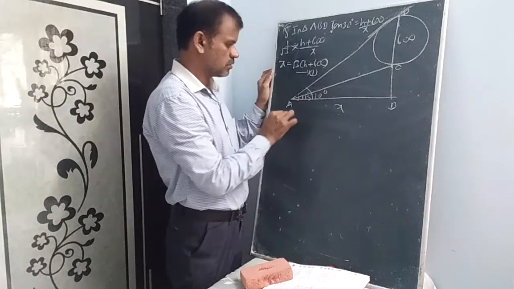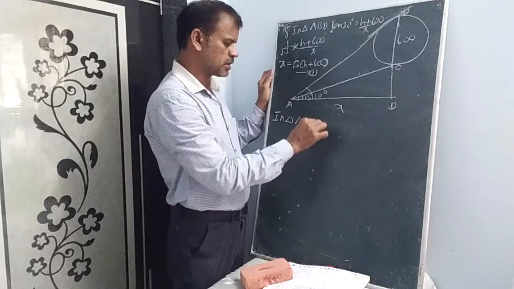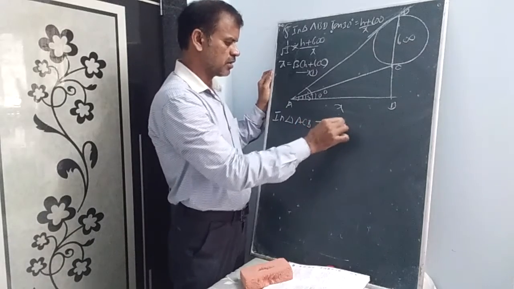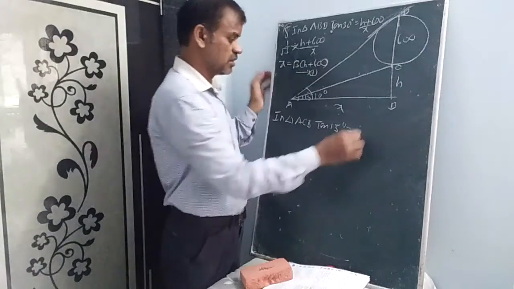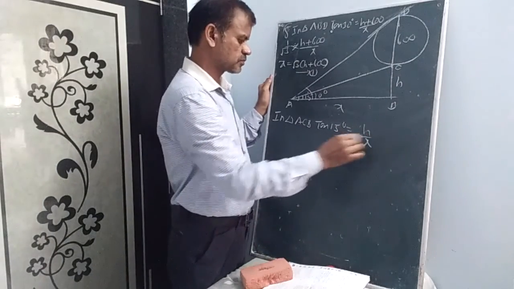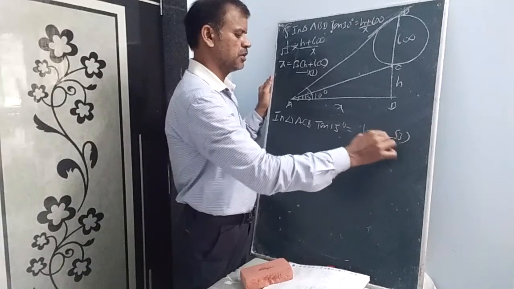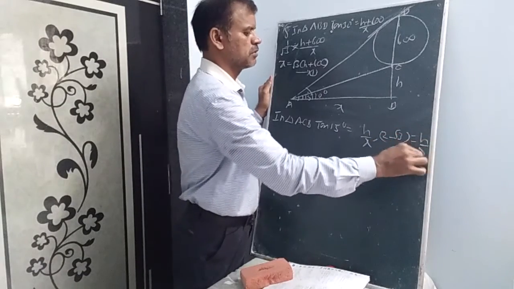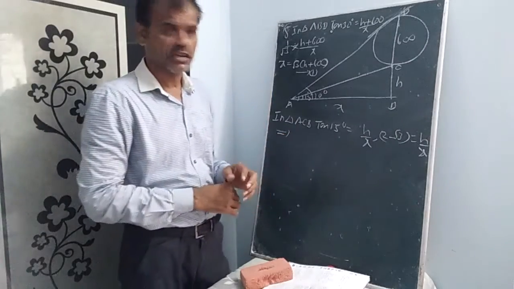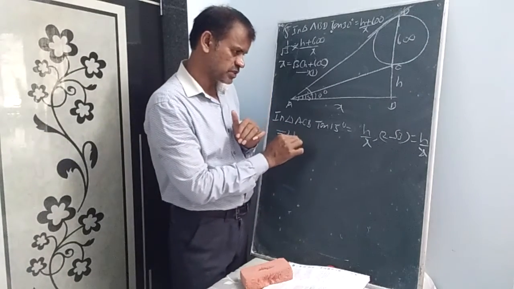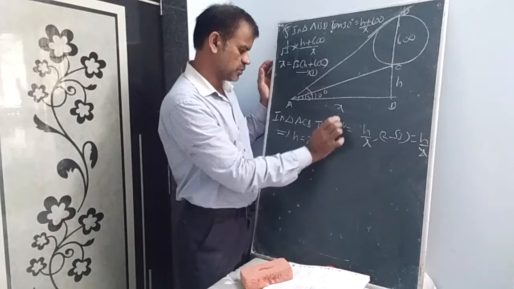In the small triangle ACB, tan 15 equals H by X. We should write H here. Tan 15 value is 2 minus root 3. So 2 minus root 3 equals H by X. We need to calculate X, not H, so in terms of X, H is equal to X into 2 minus root 3.